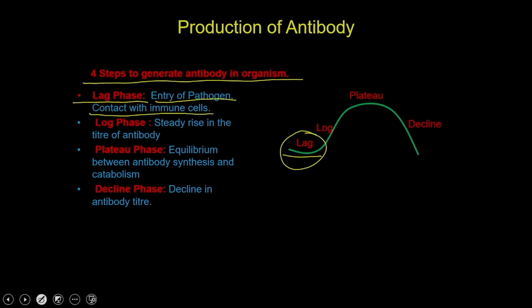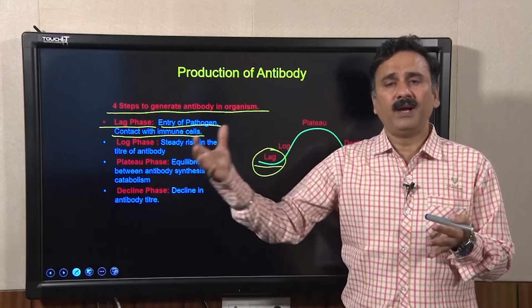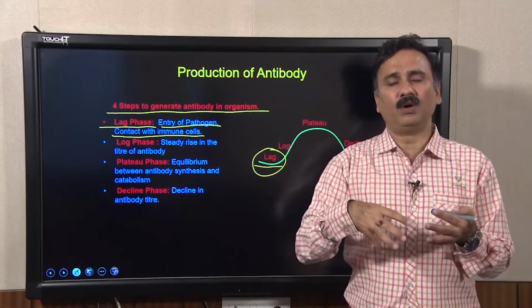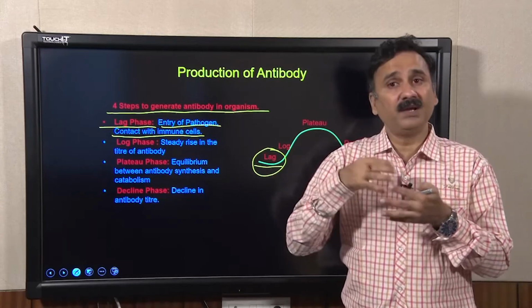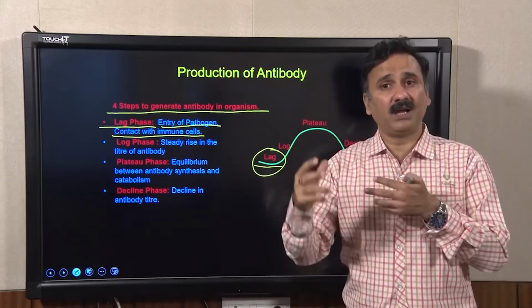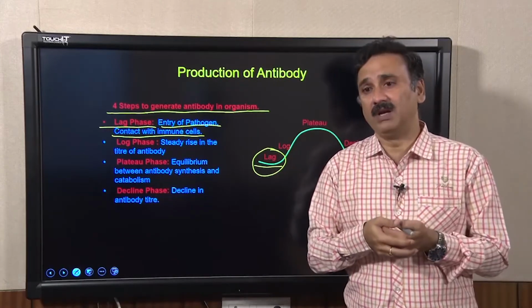This is also called the preparative phase, where the foreign antigen enters the host body, is recognized by the immune cells, and they start the preparation for how to tackle this foreign antigen.